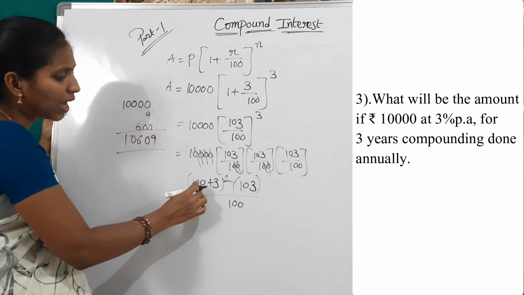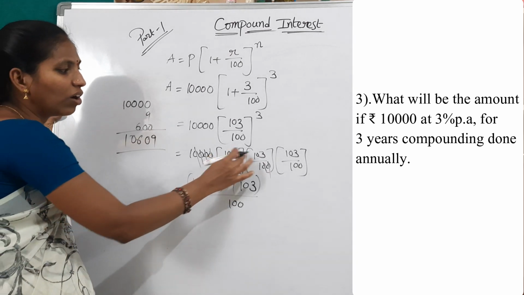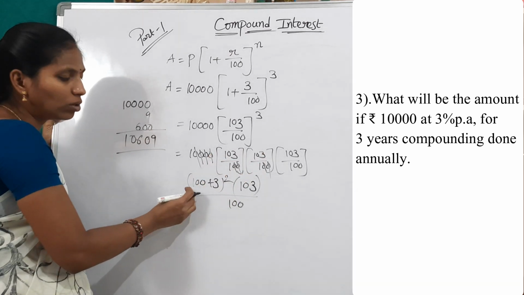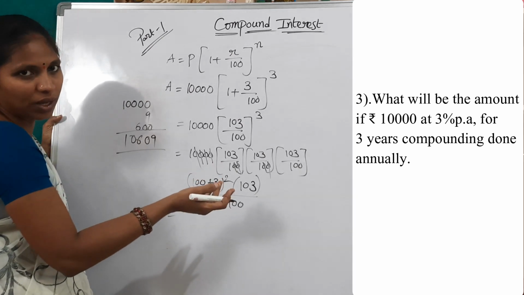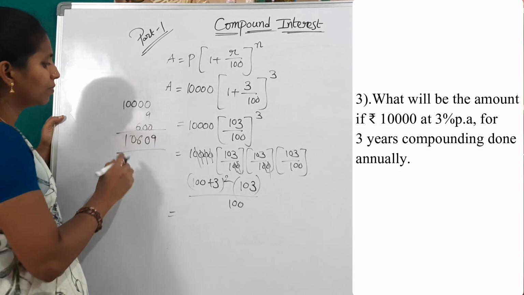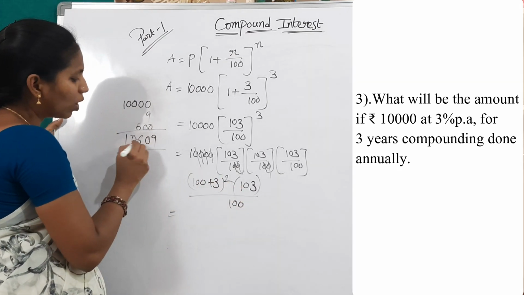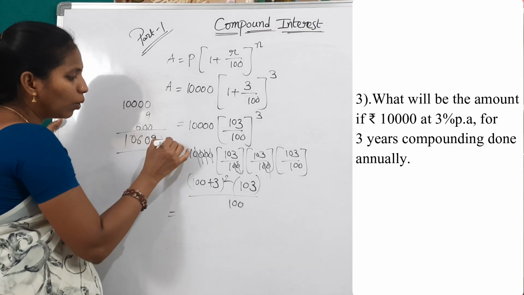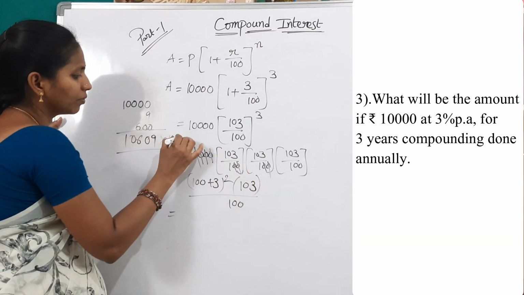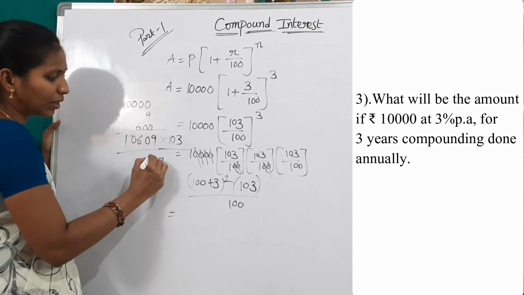How did I write this (100 plus 3) whole square? For easy calculation, 103 whole square equals (100 plus 3) whole square. You can split like this. 10609 into, see here, 10609 into what is this? 103. Calculate this one. 9 into 3 is 27, 2.